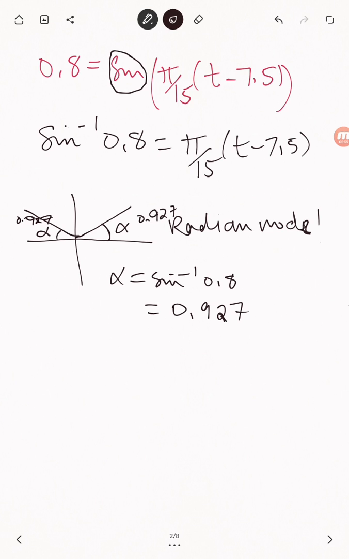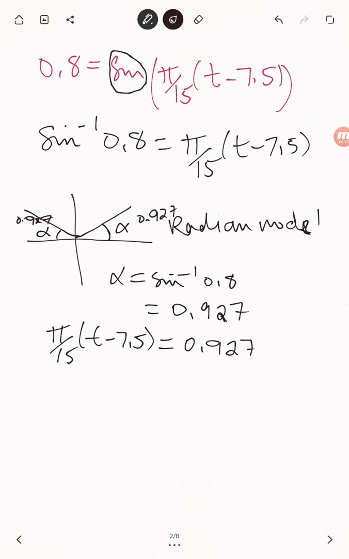All right, so pi over 15 times t minus 7.5, we still have all of that together, equals 0.927. That's one of the possible answers.